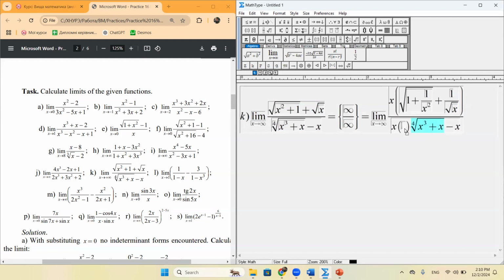So what do I have? And -1. And now reduce an x.